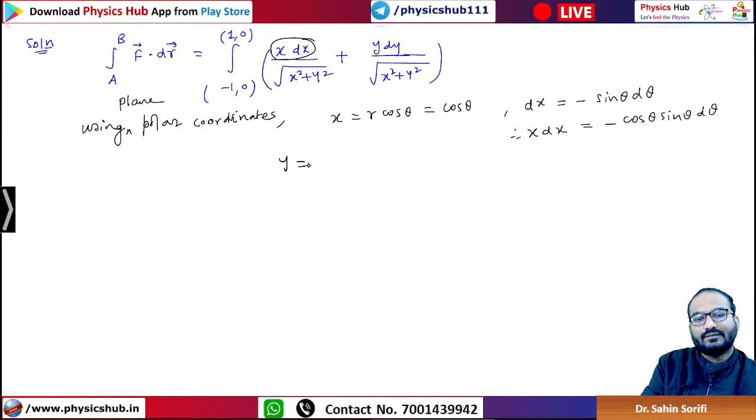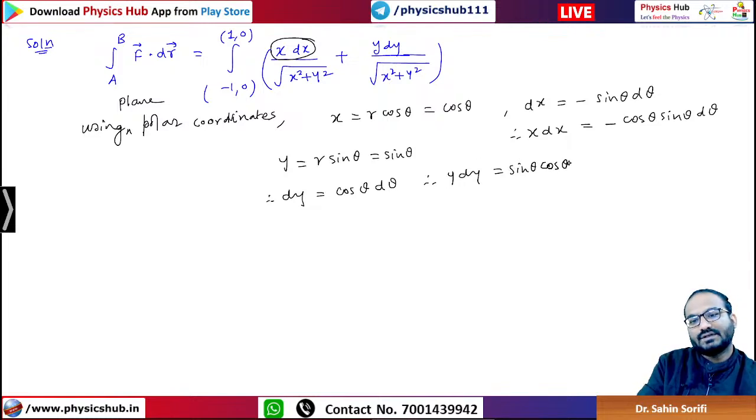On the other hand, we have y equals r sin theta. R is equal to 1, so it becomes sin theta, and that is why dy is cos theta d theta, and y dy becomes sin theta cos theta d theta. If x equals cos theta, y equals sin theta, then x square plus y square is cos square theta plus sin square theta, that is 1.